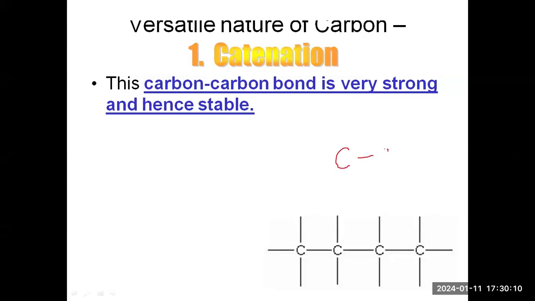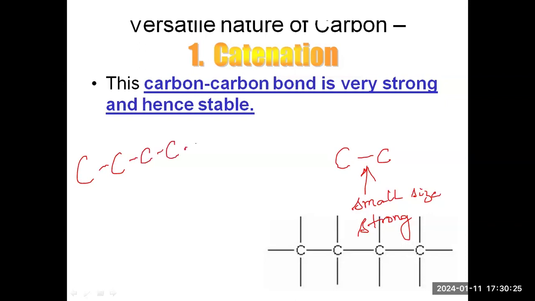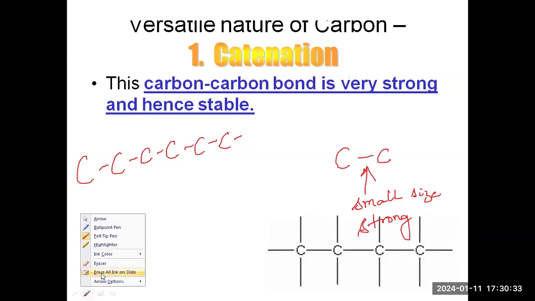The bond between carbon and carbon is small in size, and that is why it is strong. You can create a long chain having a large number of carbon atoms. It won't break that easily. So we have so many carbon compounds.